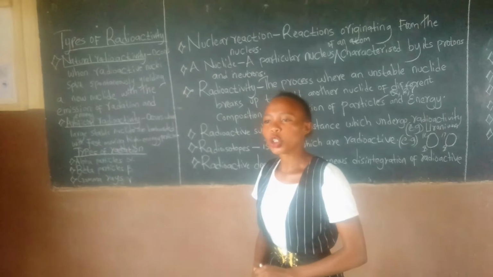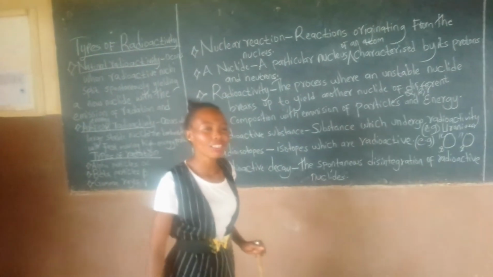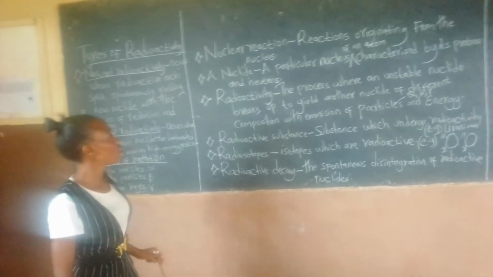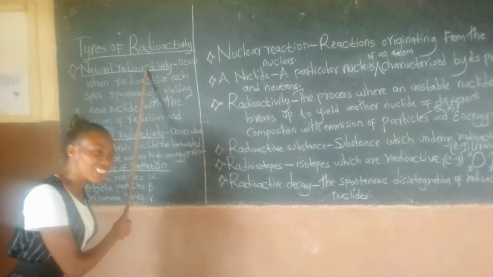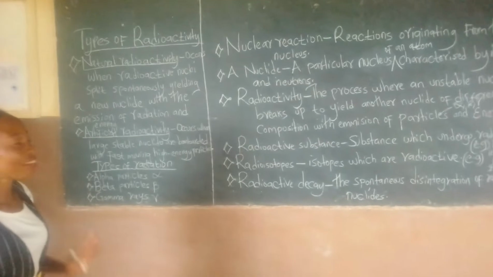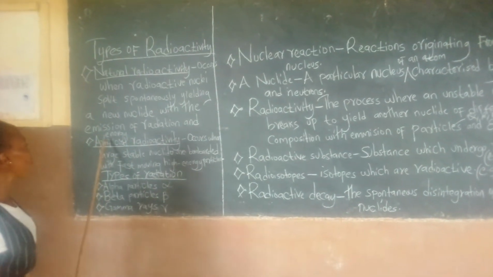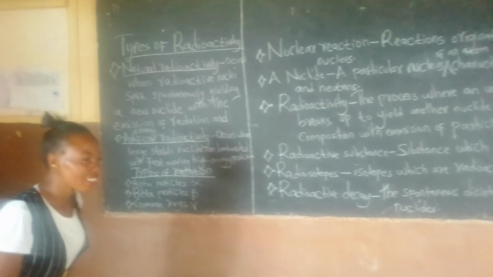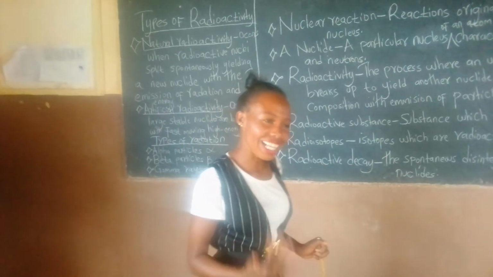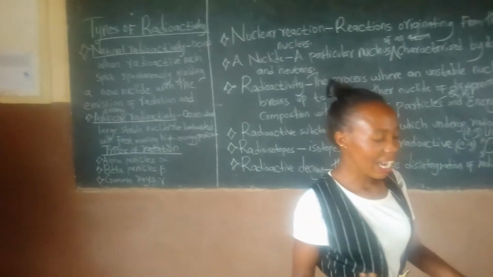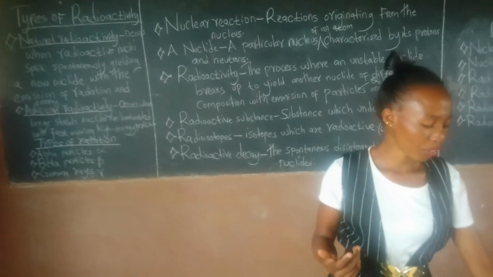We have two types of radioactivity: natural radioactivity and artificial radioactivity.